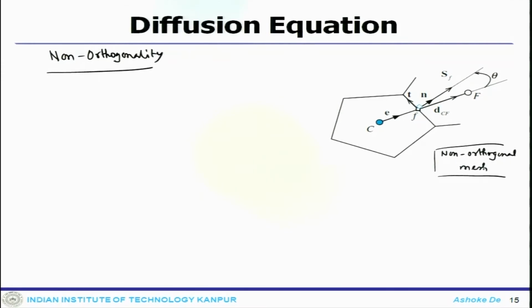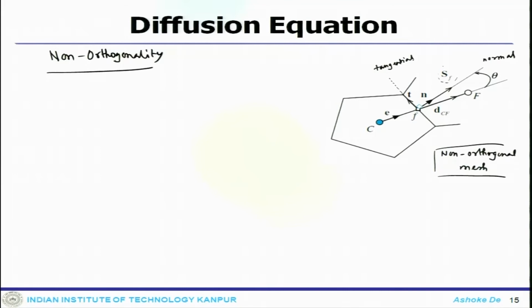Okay. So, we have just considered one cell and then the neighboring cell F. Now, here they are not orthogonal. So, at the face, the surface vector SF goes in the normal direction to the face. So, this is my face and this n is perpendicular to that face, and along the face is the tangential direction.